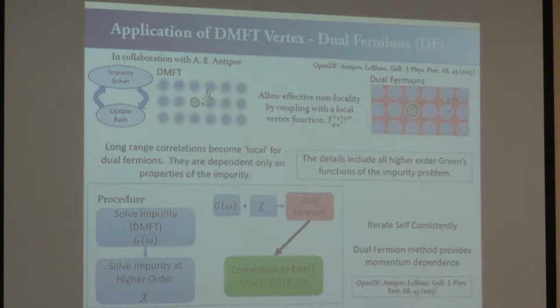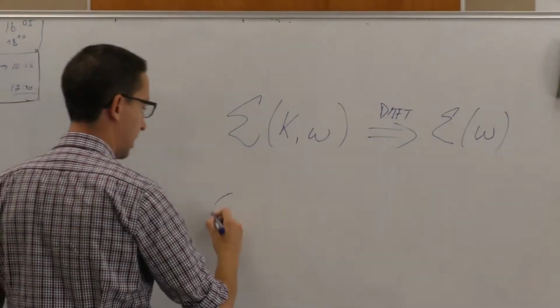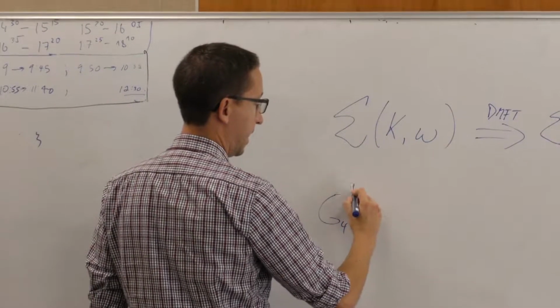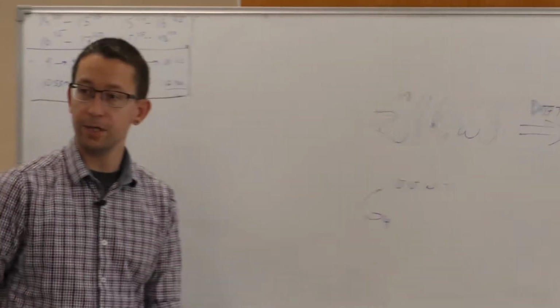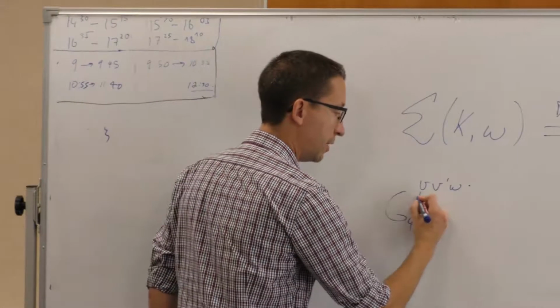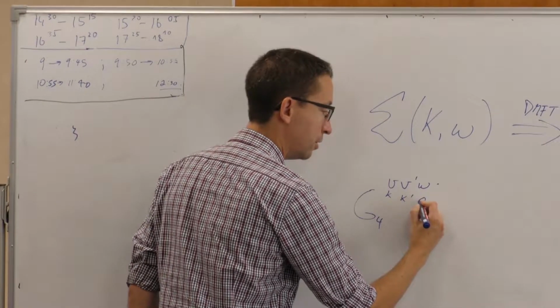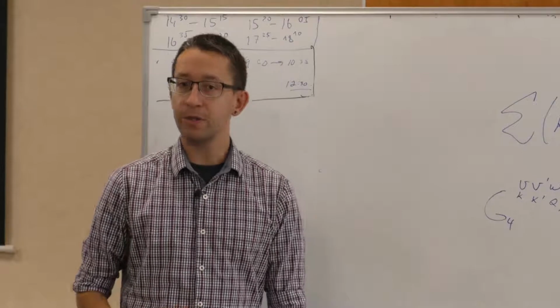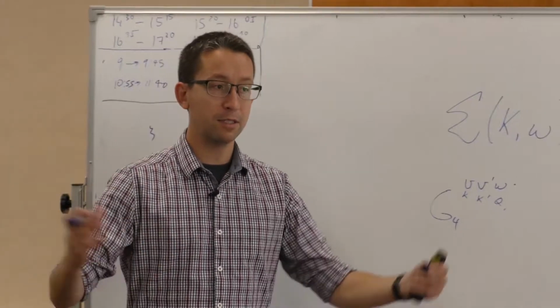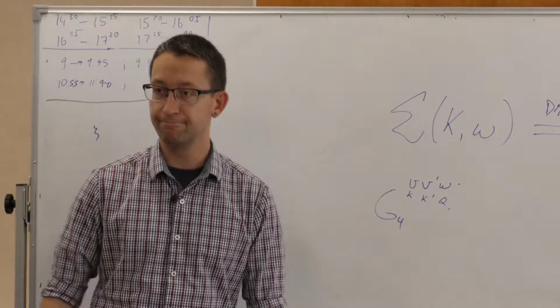So I talked about the problem of scaling of a 6-dimensional object. In general, you would have a 4-point Green's function that had 2 fermionic frequencies and a bosonic frequency. But matched with it, it would have a k, k prime, and a q. And I commented that in order to store this object, you run into a lot of problems on a proper system that has momentum.